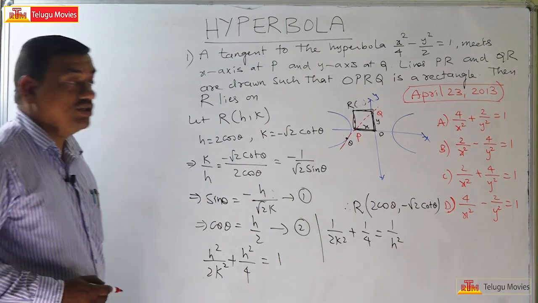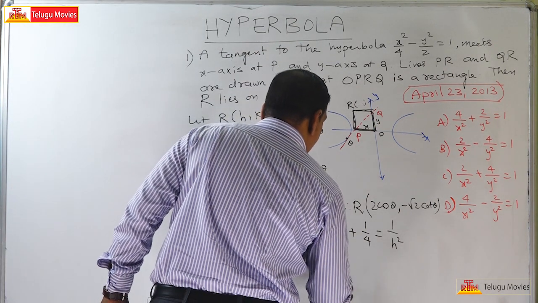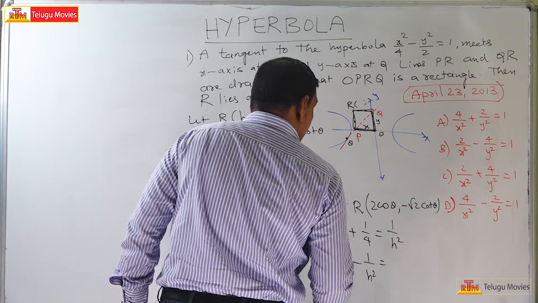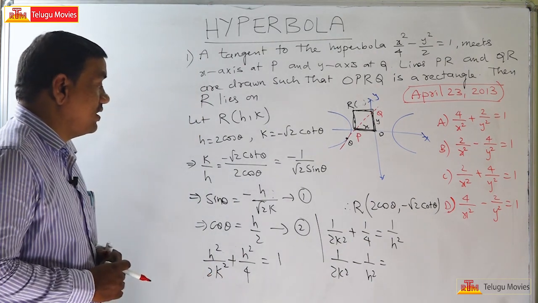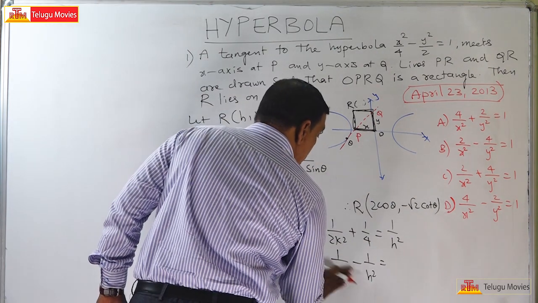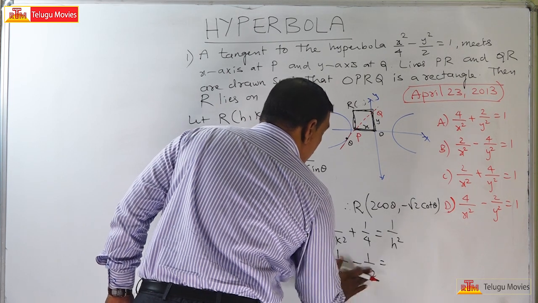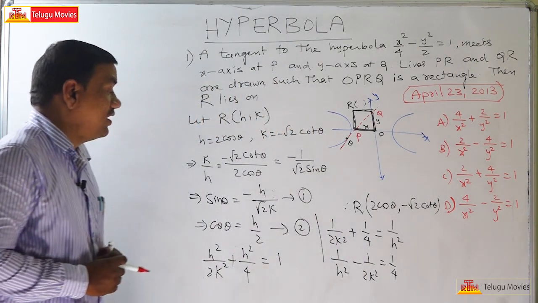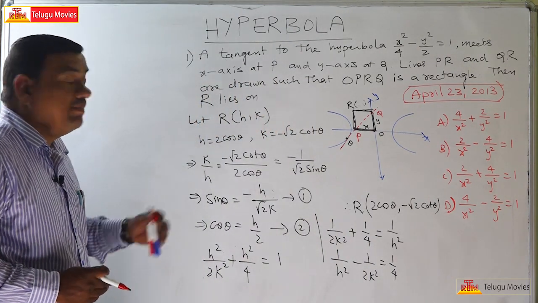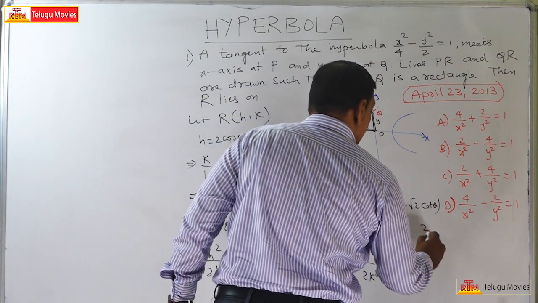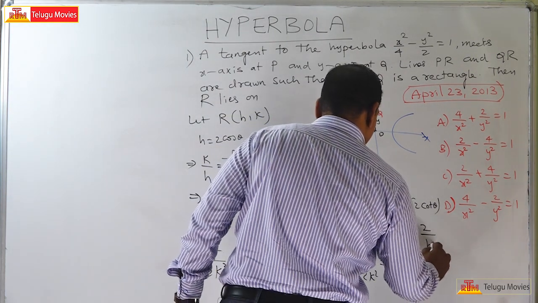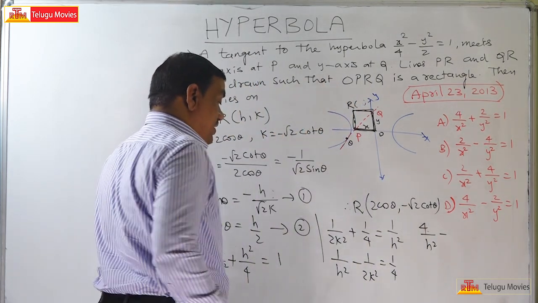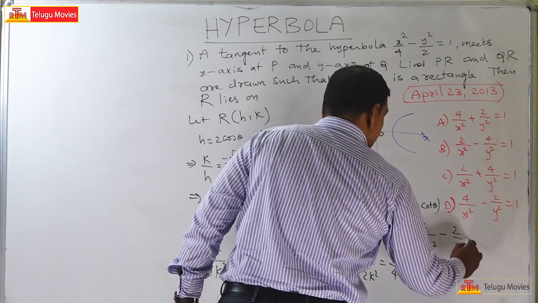Bring the h square to this side: 1 by h square minus 1 by 2k square is equal to 1 by 4. Multiply with 4, so this is 4 by h square minus 2 by k square is equal to 1.